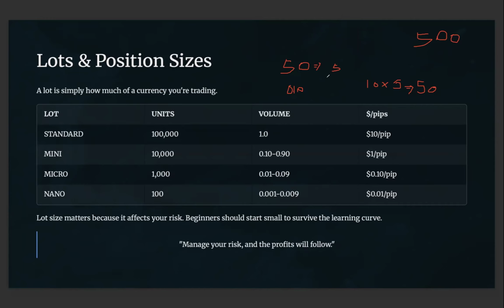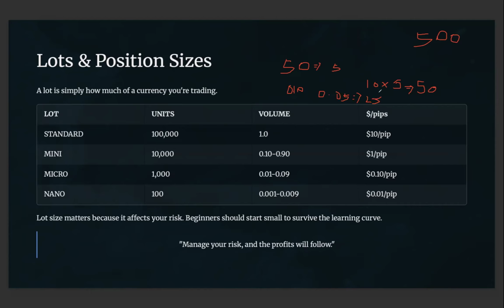Now, if you want to lose less than that, $25, all you have to do is change the 0.10 to 5. So the lot size you open will be a 0.05. And 5 times 5 is going to give you 25.